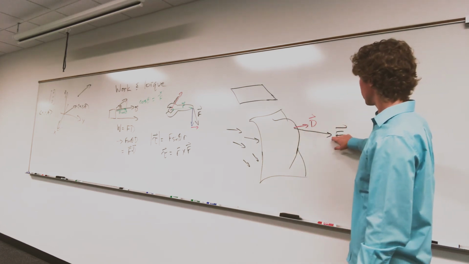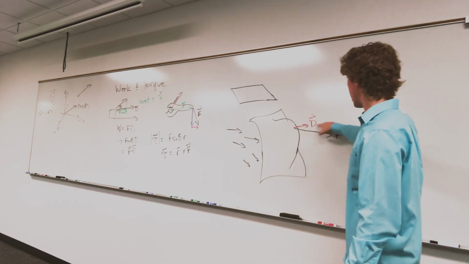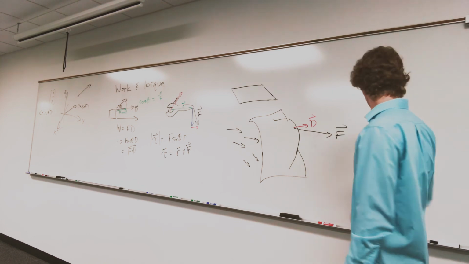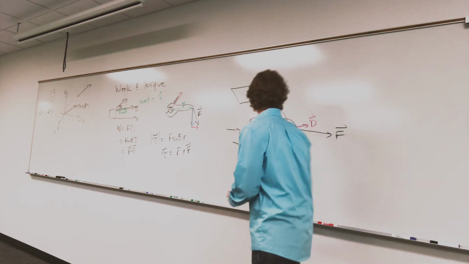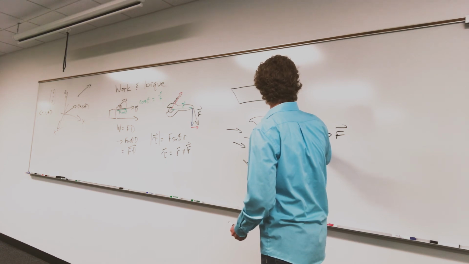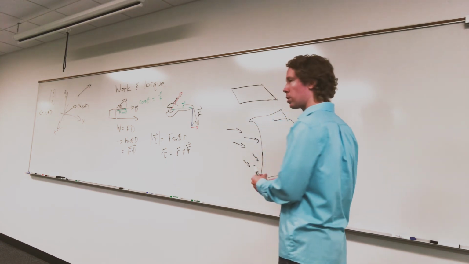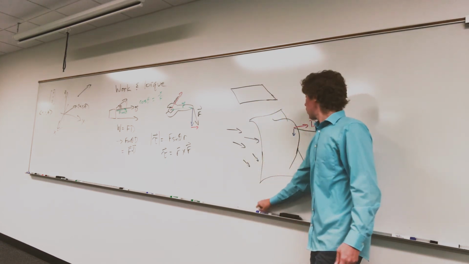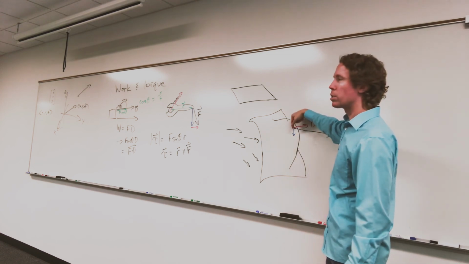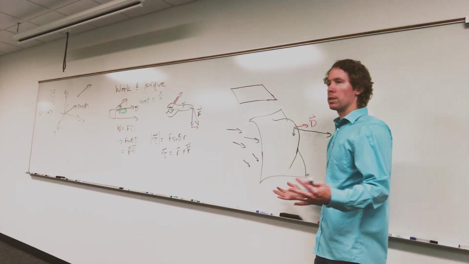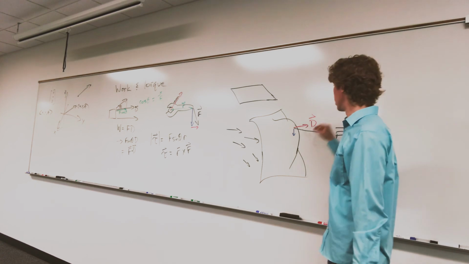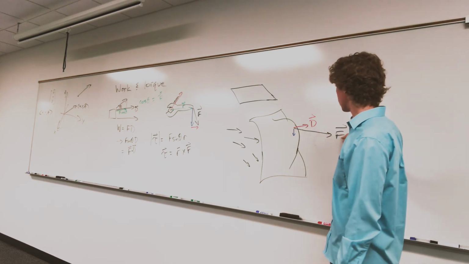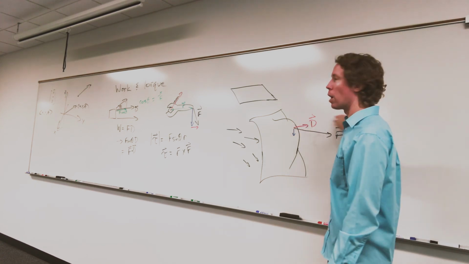There's a component of this that's going directly out through the surface, and then there's a component of it that's moving parallel to the surface at that point. The component that's moving parallel to the surface at that point basically doesn't send anything out of the surface, so we can use the dot product to focus on how much of this is moving out through the surface.